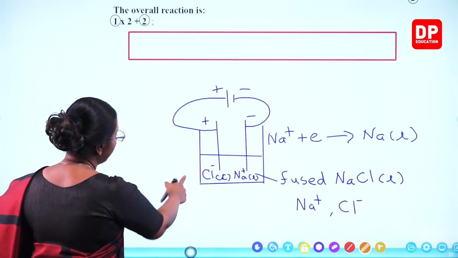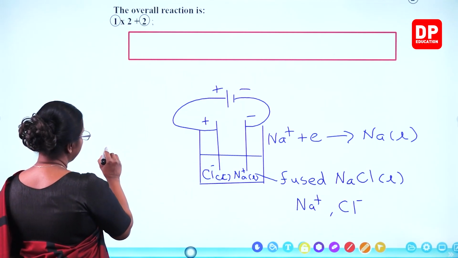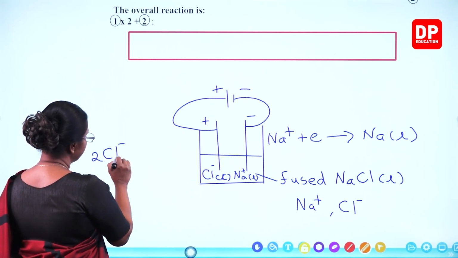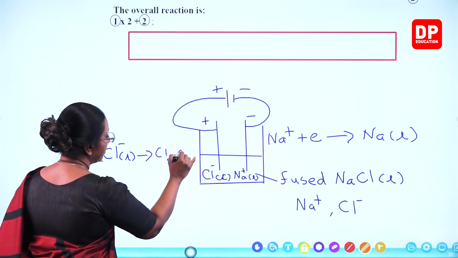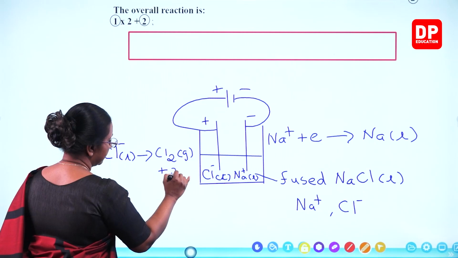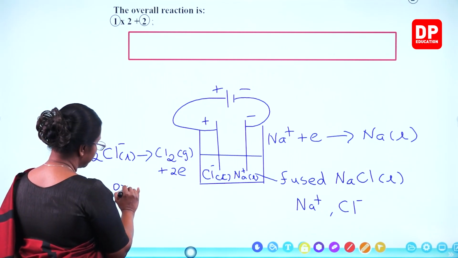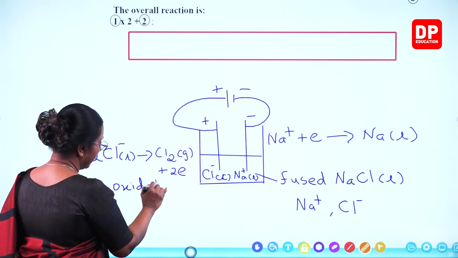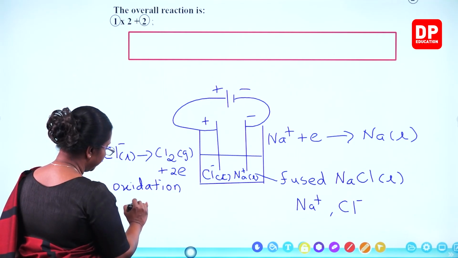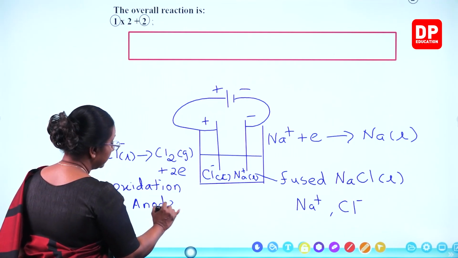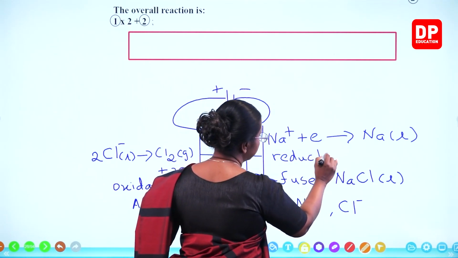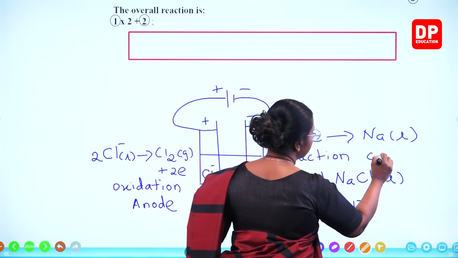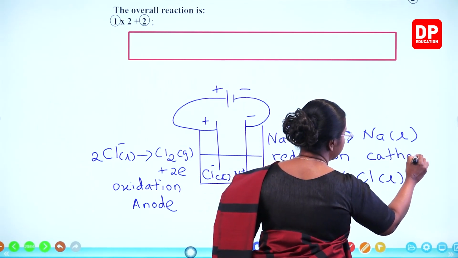At the same time, what happens to chloride ions? You can remember 2Cl minus liquid loses electrons and becomes Cl2 gas. So this is oxidation and that is the anode. Here this is reduction and that's the cathode. Reduction, cathode. So you can remember all these.